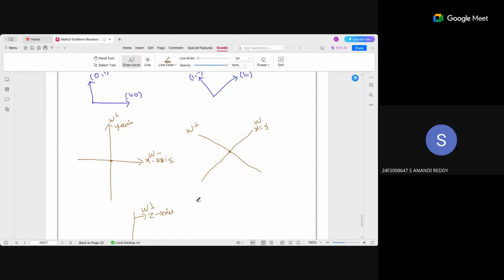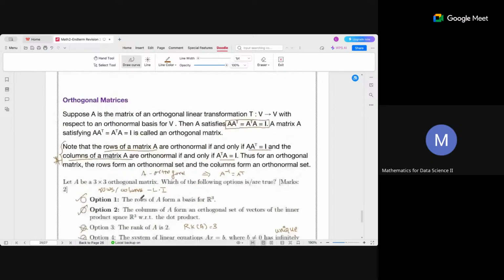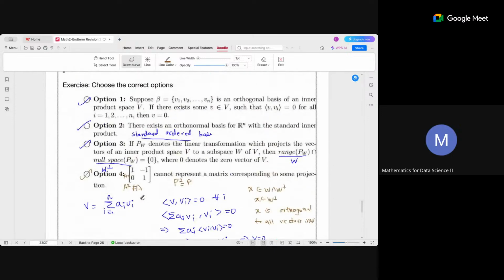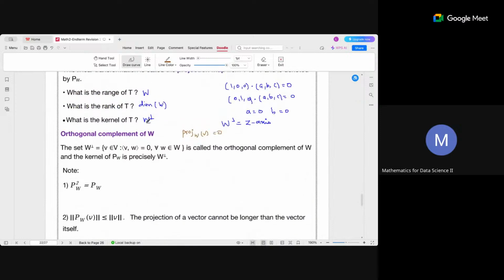The same you see for R3 also. You project any vector from here, then it is projected to 0. So that is why the null space of the projection is nothing but W perp. I did not give a clear-cut proof of why W perp is the kernel, but you can visualize it.